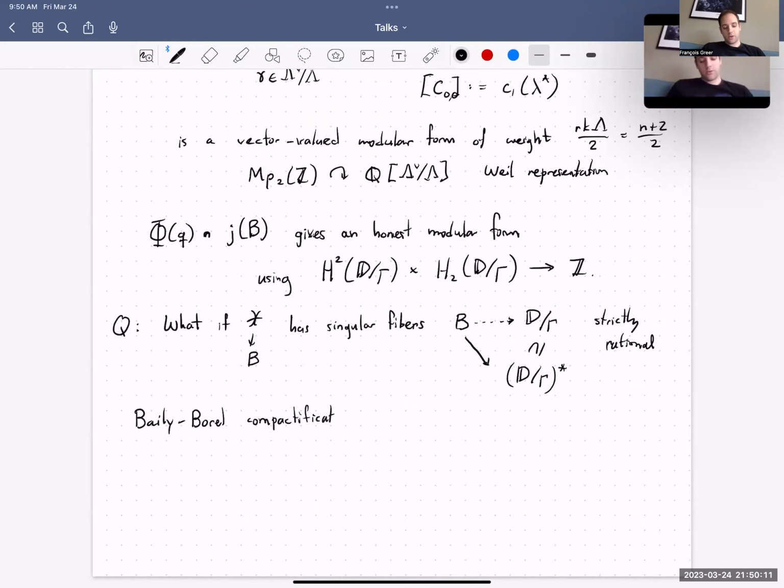This works quite generally for any kind of Shimura variety. The example that I'm doing right now is the type 4 case, the case of K3 type Hodge structures, but this compactification exists very generally. And just to describe what happens when you compactify, it's very analogous to the situation of a modular curve. So you add some rational boundary components.